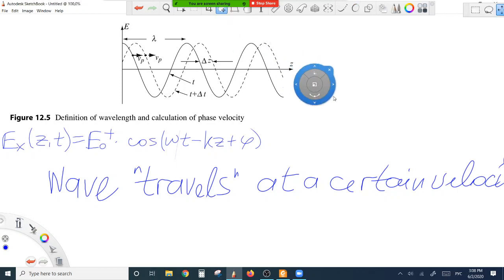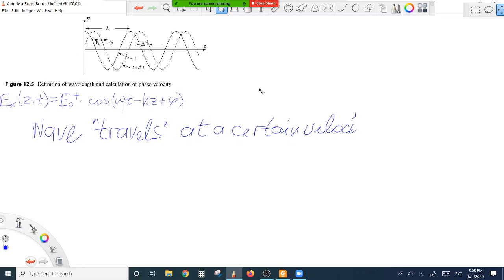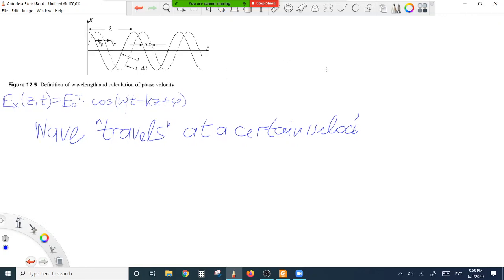So, in order to find the travel velocity of the wave, let's look to this figure and take the fixed point P, a fixed point on the wave.